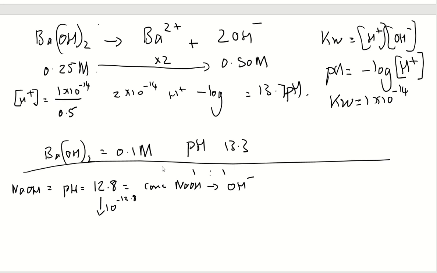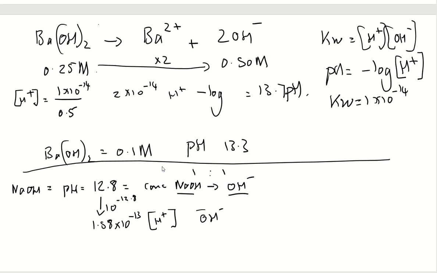And that gives me 1.58 times 10 to the minus 13. So that is 1.58 times 10 to the minus 13. Remind ourselves that that gives us the H plus ion concentration. We want to find out the sodium hydroxide concentration, but to do that we've got to get the hydroxide ion concentration.